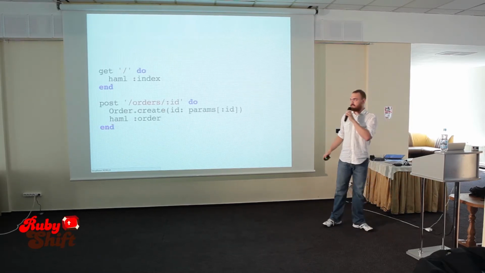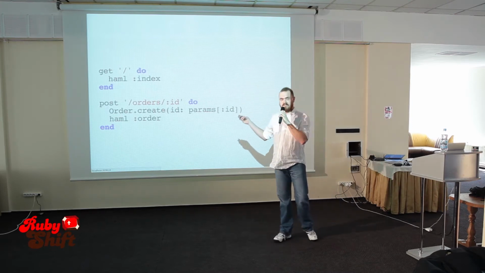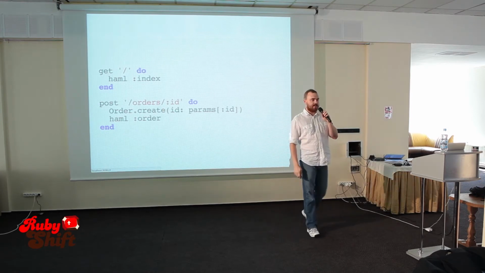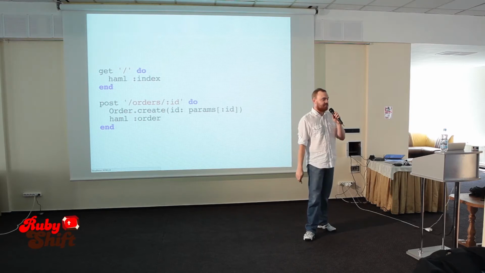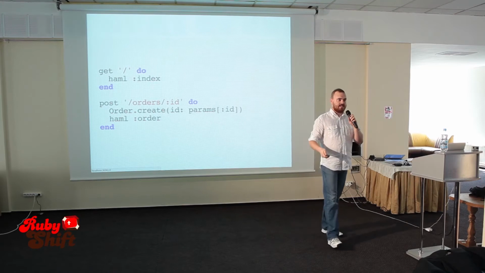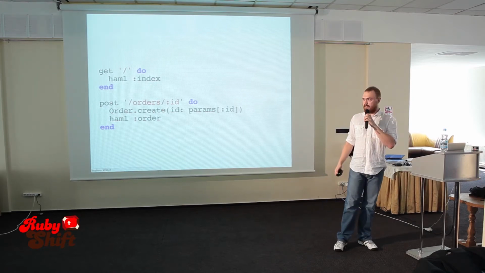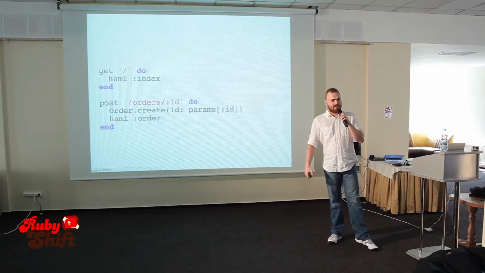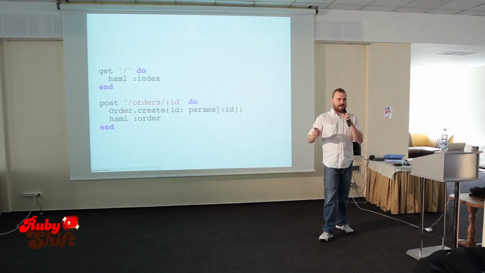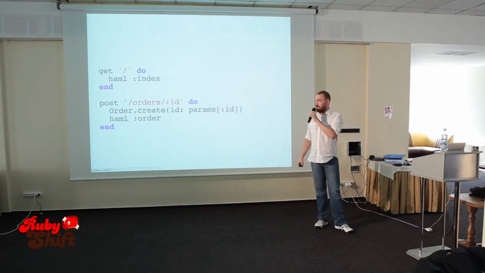So routing, that's probably my favorite thing in Sinatra. You can see this: get do something, render some index, and when there is a post to the orders path, create some order with given ID, and then render the order partial. And this looks pretty amazing because it doesn't look like code. It looks like a DSL, domain specific language.